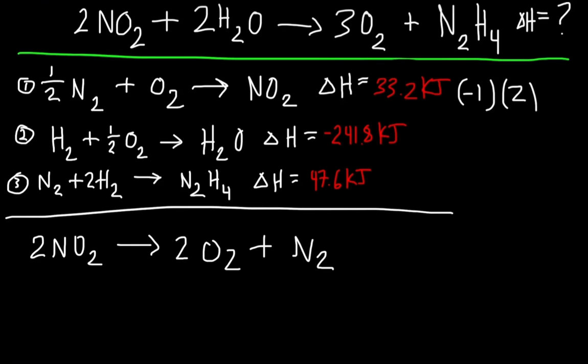Now for the second equation, hydrogen is found in reaction 3, so it's not unique. And oxygen is found in equation 1, so it's not unique. But however, H2O is unique because it's not found anywhere else. And H2O is on the product side. But however, on the original equation, it's on the reactant side.